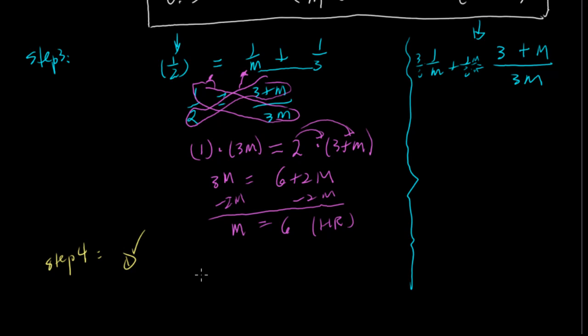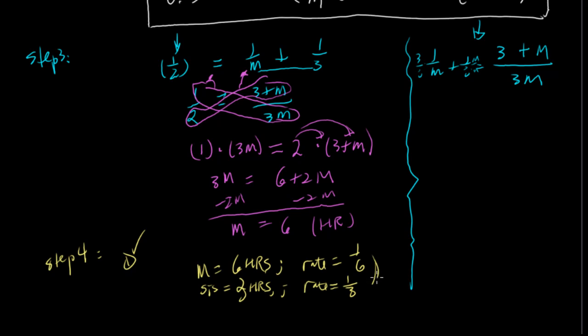If Megan takes 6 hours to finish, then her rate is equal to 1/6. The sister takes 3 hours, sorry, and then the sister's rate is 1/3.